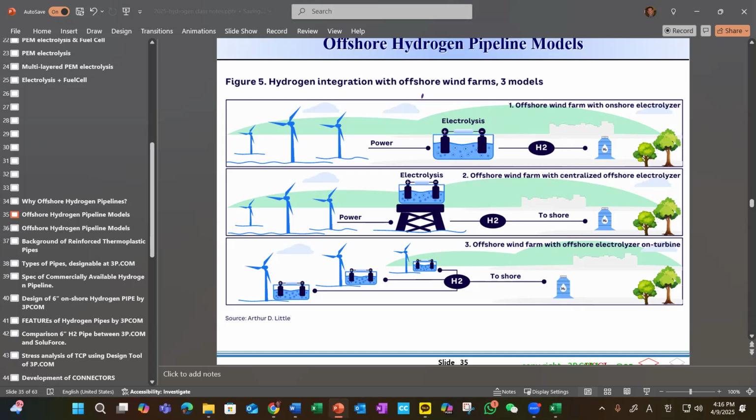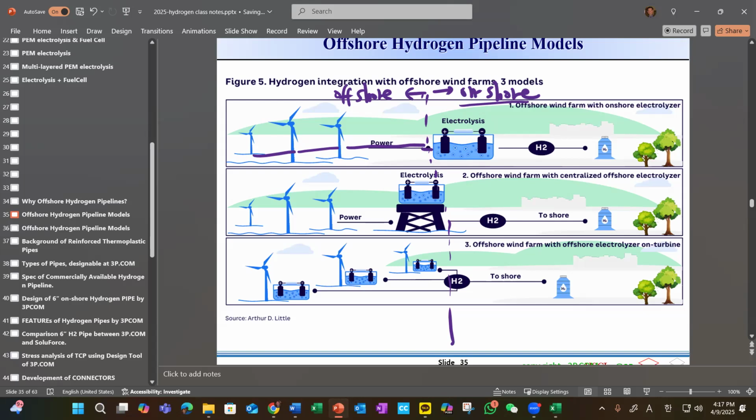So this is representing the offshore, and this side is the onshore. The electrolyzer is onshore, but it is all connected through electric wires carrying electricity.